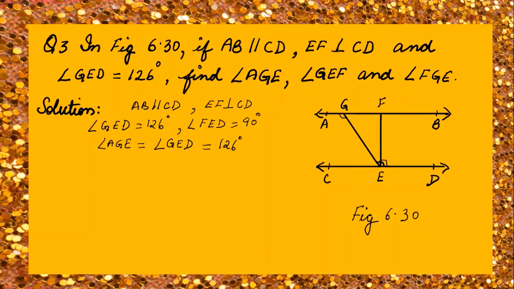That is, alternate interior angles are equal. Okay. So you got angle AGE. Angle AGE is 126 degree.